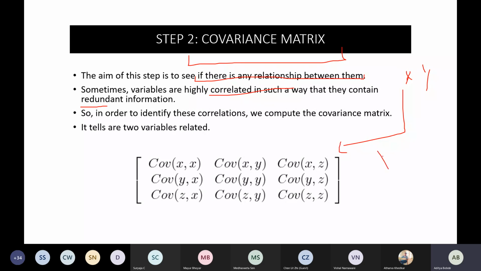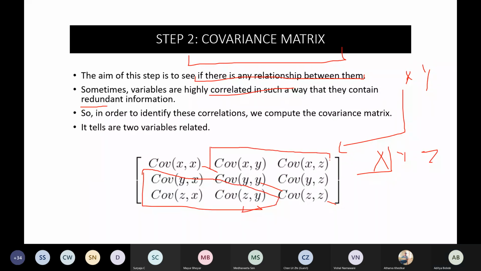Suppose you have three columns, x, y, and z. First you will be computing with x and x. The diagonal is always the same: x, x, y, y, z, z. And you have studied this is called your symmetrical triangular. So the lower and upper triangle values are almost symmetric.